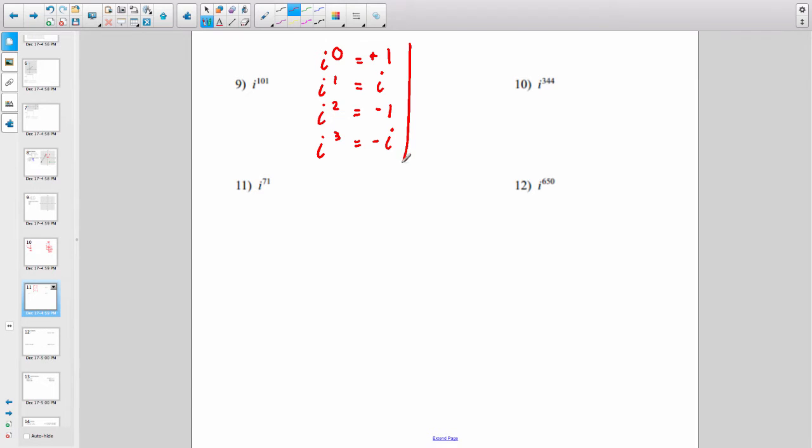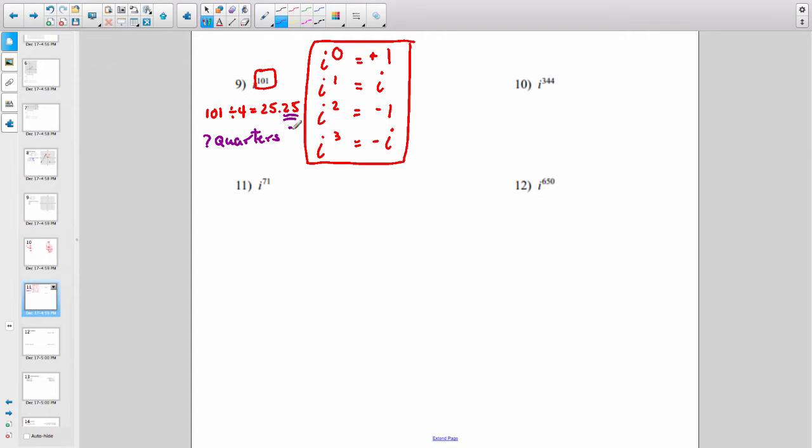That's our I chart. Now, how it's used would be to take your exponent of the I, 101, divide it by 4. So 101 divided by 4 equals 25.25. This is what you're concerned about right here, that decimal remainder. And you want to ask yourself, how many quarters would that be?